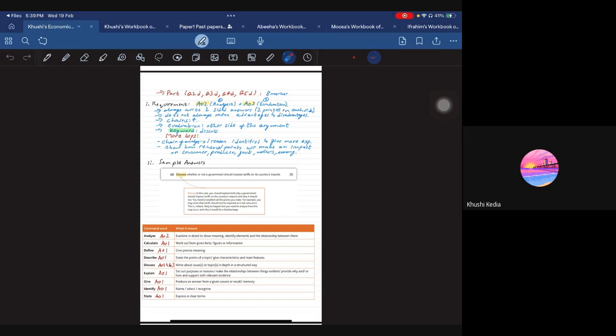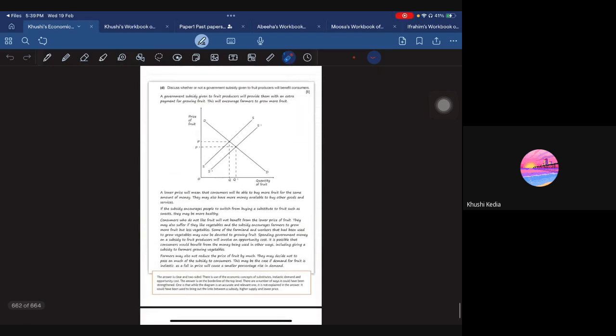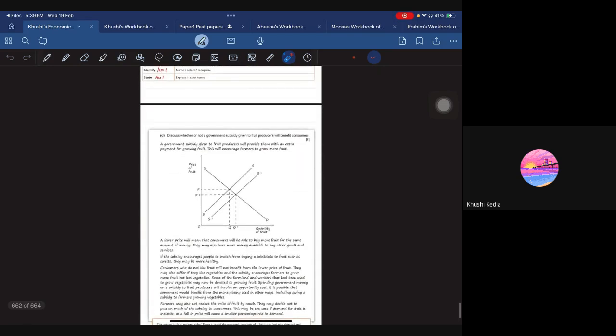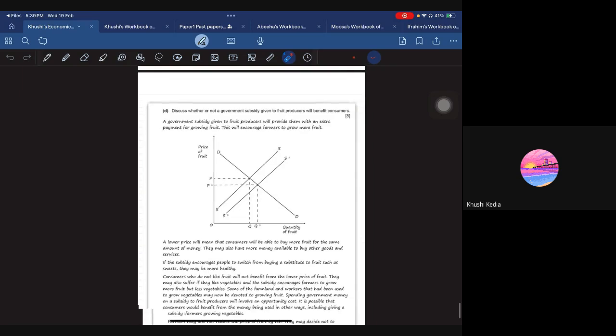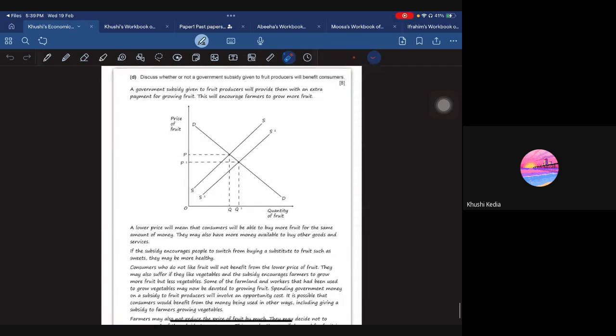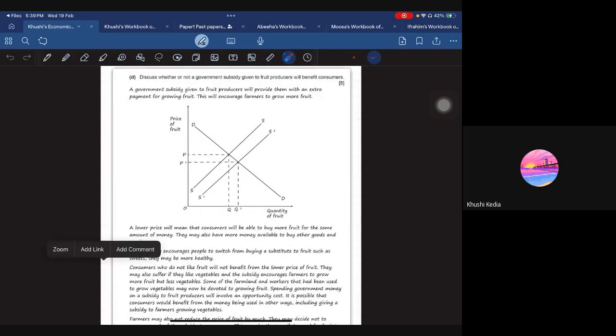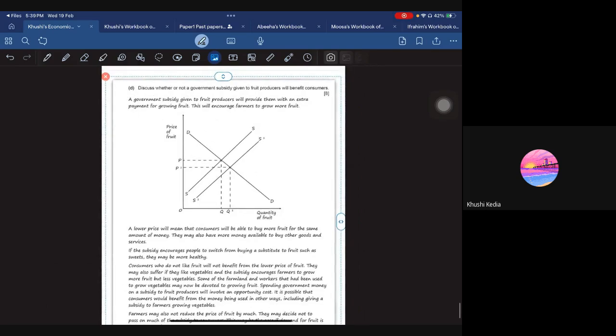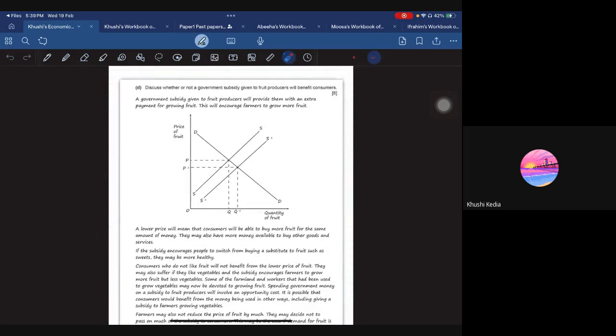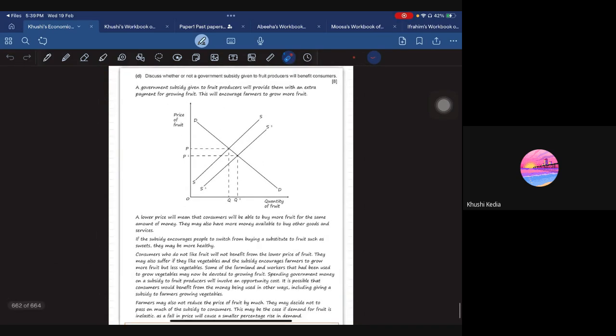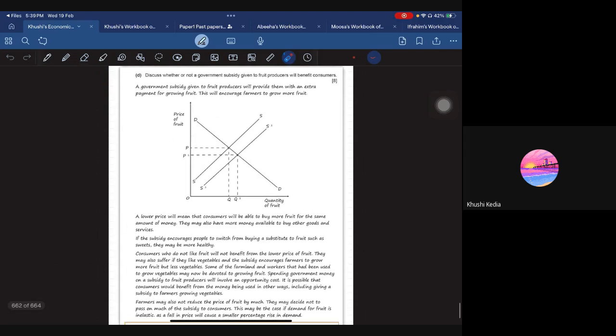Now, Khushi, what I want from you is to read this question very carefully, right? And let me just adjust this. And mark the student.